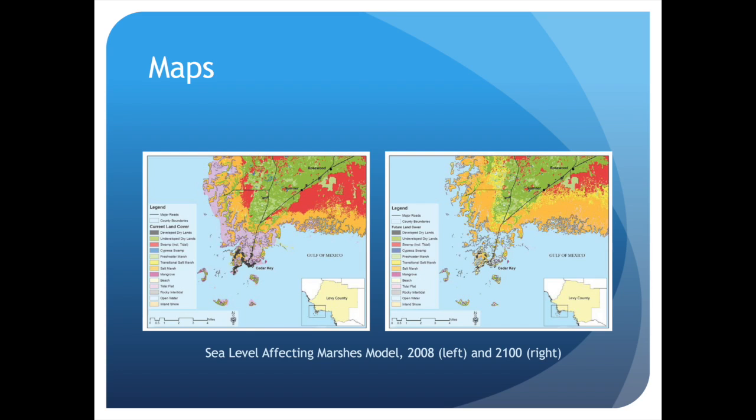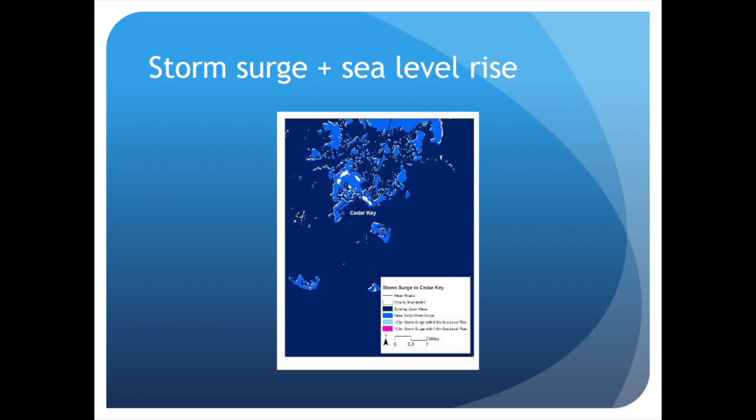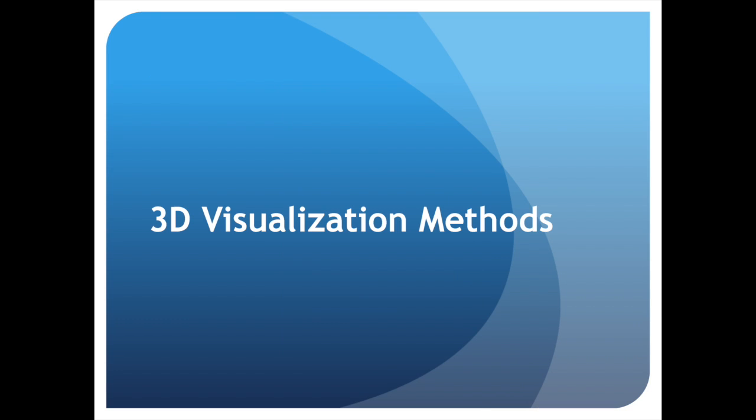Traditional maps show before and after, in this case the sea level rise affecting marshes from 2008 all the way to 2100, right? And then a simple visualization that shows on a top view where the water is going to get to if you have a combination of storm surge and sea level rise.